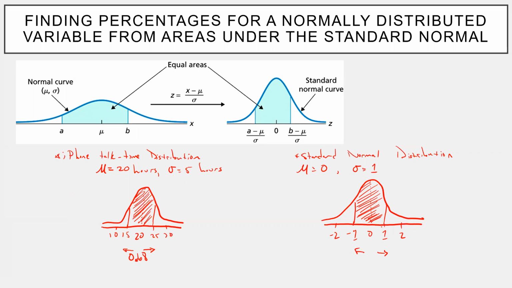Remember, it's just one standard deviation below and one above. Here, it's one standard deviation below and one above. Well, it should be the same thing. Boom. So even though they're two different curves, the same proportion of area, one standard deviation below to one above, has the same area.